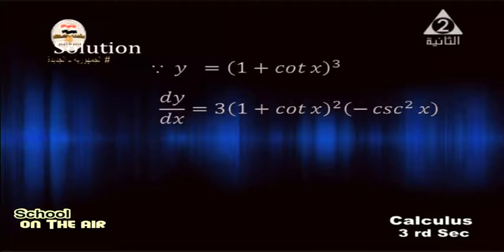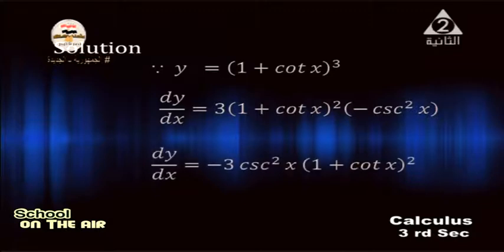Derivative of 1 equals 0, and the derivative of cotan x equals negative cosec to the power 2 x. In the simplest form, dy dx equals negative 3 cosec to the power 2 x multiply, between two brackets, 1 plus cotan x all to the power 2.